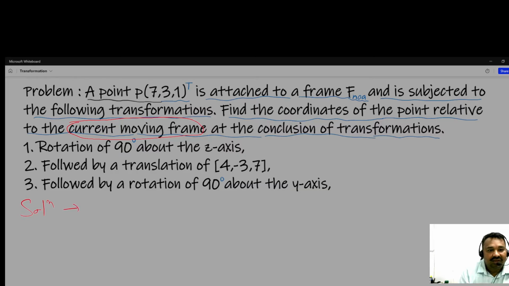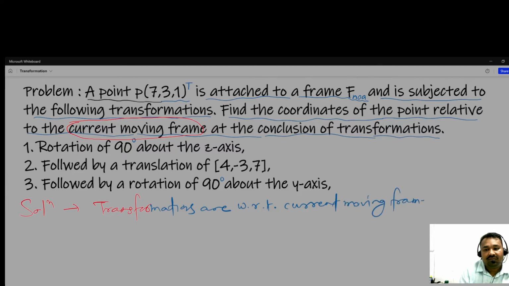So here the transformations are with respect to the current moving frame. And then there are three transformations. First one, rotation of 90 degrees about the z-axis, followed by a translation 4, minus 3, then 7, then followed by rotation of 90 degrees about the y-axis.